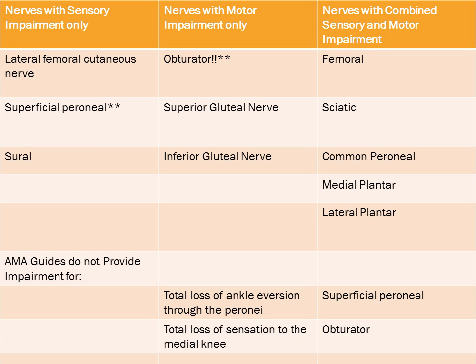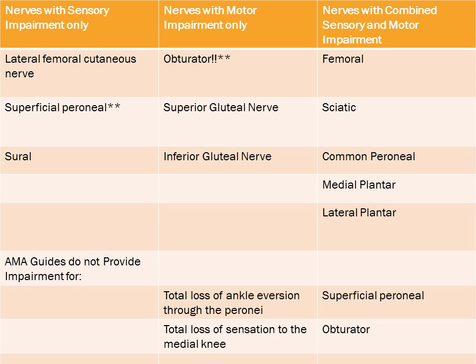And referring back to our chart, we have, again, nerves with motor impairment only include the obturator nerve, the superior gluteal nerve, and the inferior gluteal nerve. And the nerves that have combined sensory and motor impairment include the femoral nerve, the sciatic nerve, the common peroneal nerve, and also the medial and lateral plantar nerves.